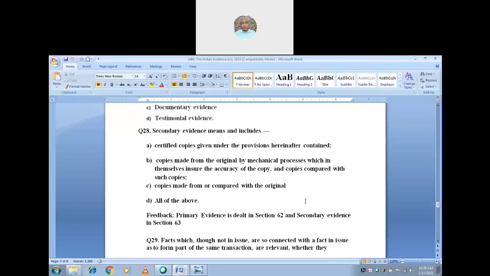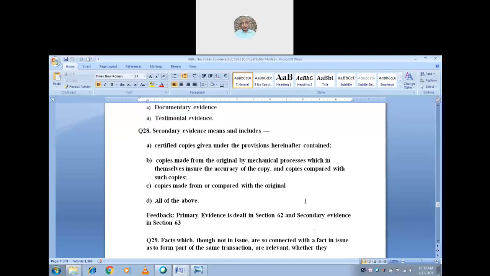And here the answer is all of the above are said to be secondary evidence. That means the original certificate's duplicate copies or its Xerox copies are said to be secondary evidence.